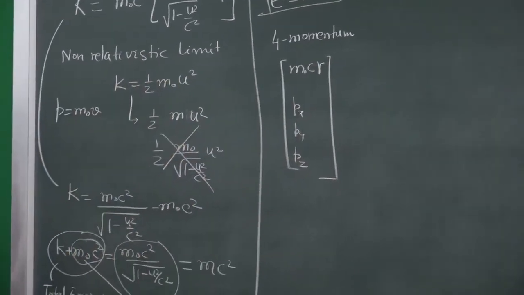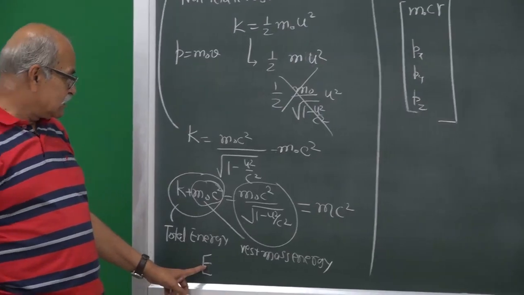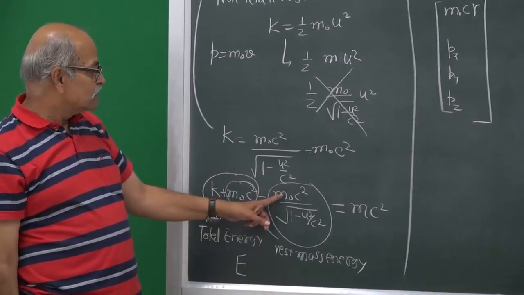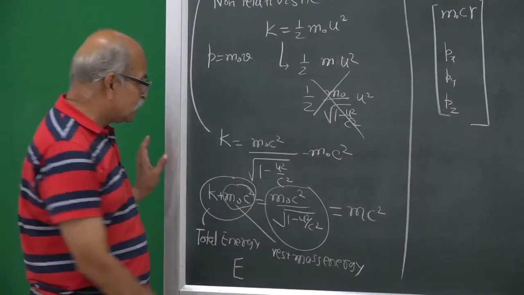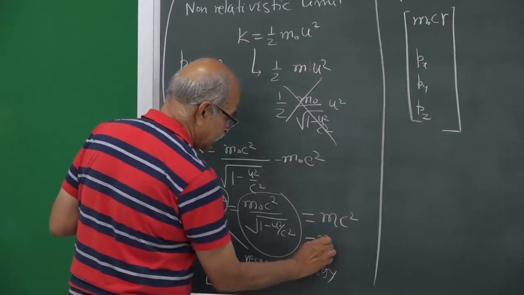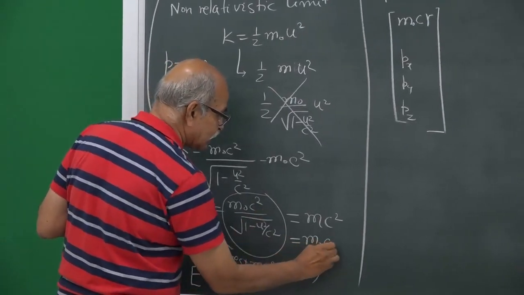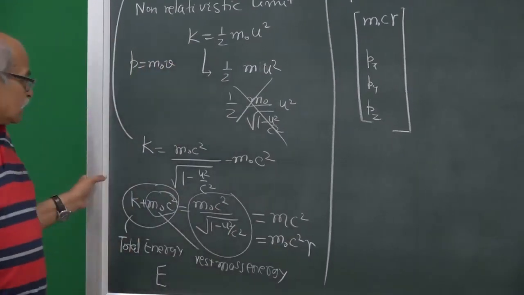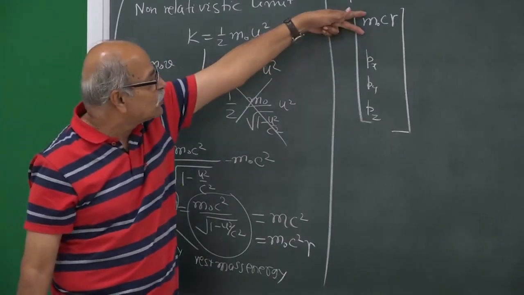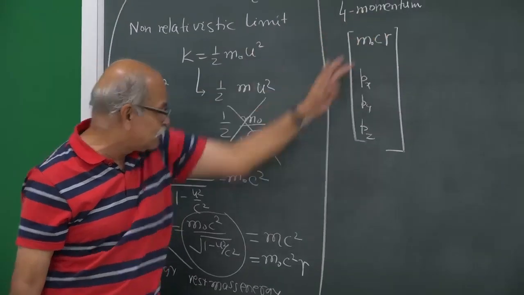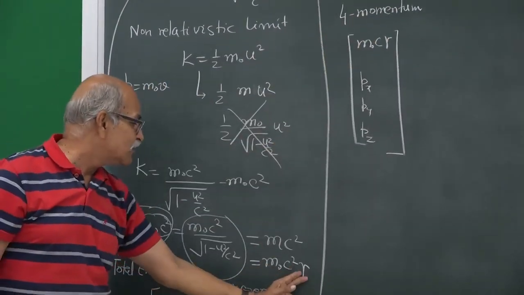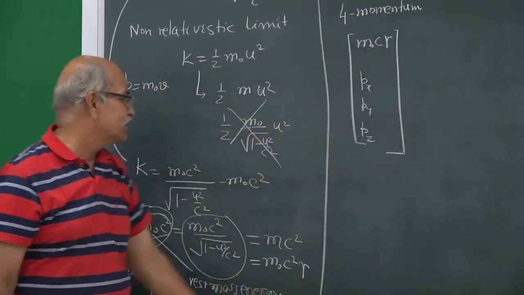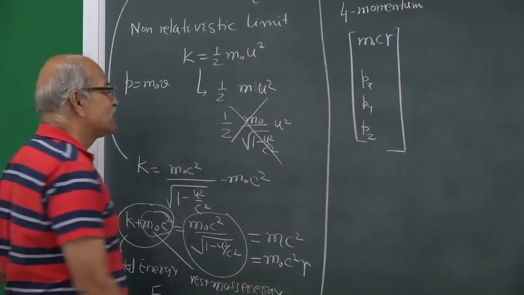And if you see from here, E is equal to m naught times c square times gamma. So, m naught c square gamma here, m naught c gamma there, so it is nothing but capital E by c.